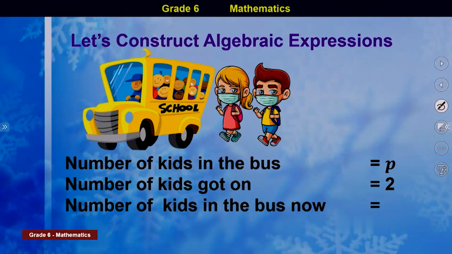There were p kids in the bus, 2 got on, then all together we have p plus 2 kids in the bus.